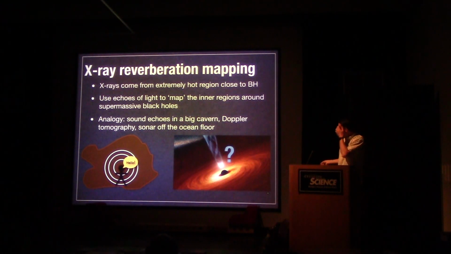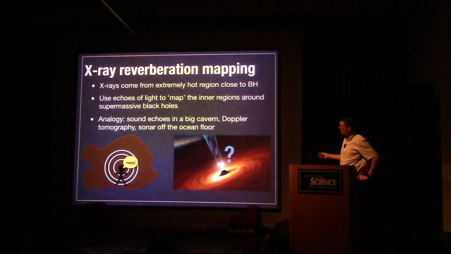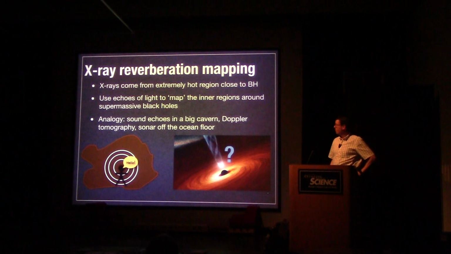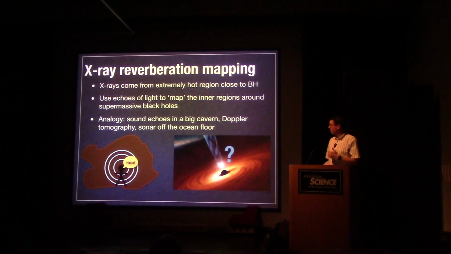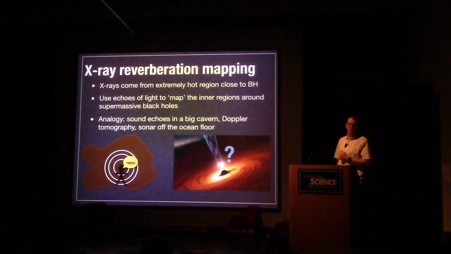So here's an artist's impression of a black hole with an accretion disk around it and a jet that's shooting off from the black hole. And this jet also shines down on the disk and irradiates it, and we try and look at those echoes as light from this jet bounces off the disk and comes towards us.